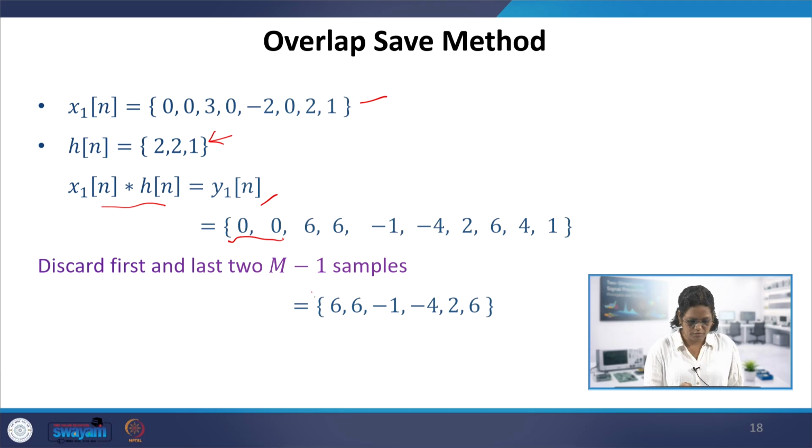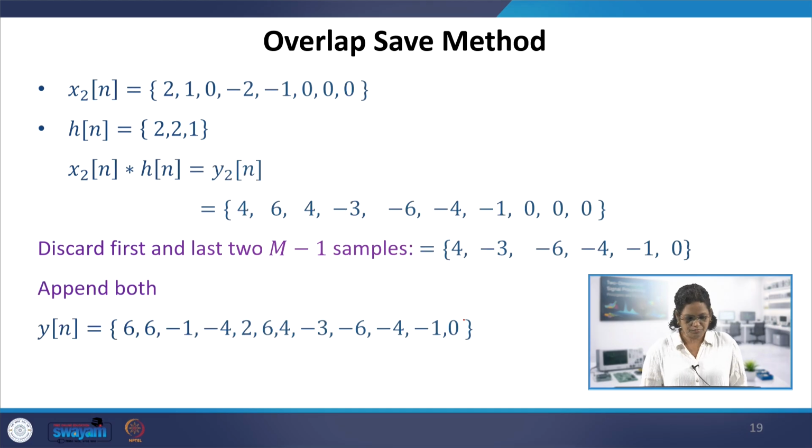To correct it, y1 needs to have the first m minus 1 samples discarded, and because this is repeated in the second sequence x2 as well, the last m minus 1 samples should be discarded. So we get ultimately this portion only for y1.